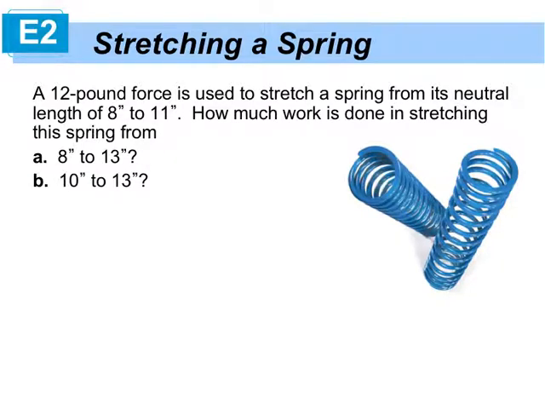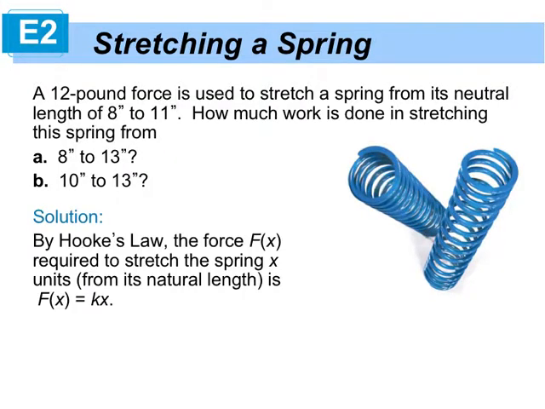Okay, what we don't know initially is the spring constant. You find the spring constant using Hooke's law, we can calculate the spring constant and apply it to all the other functions. I know that it takes 12 pounds of force to move that spring what distance? 3 inches, 8 to 11.